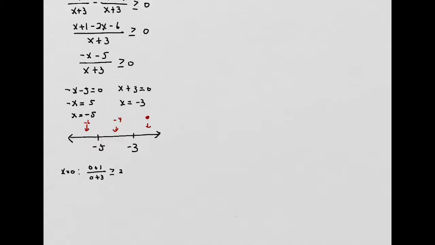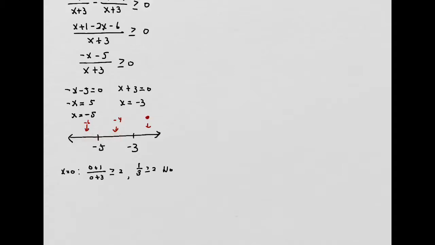We get 1/3 is greater than or equal to 2. Is this true? No. 1/3 is smaller than 2, so it will be not. So when we try 0, when we try this area right here, it didn't work out. So I know this one should not work and this one should work.